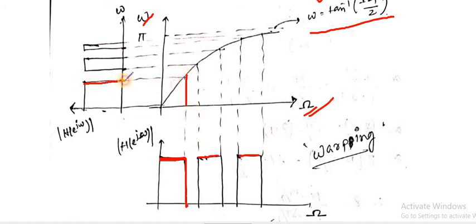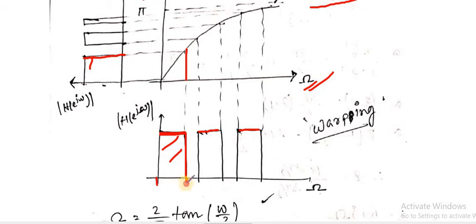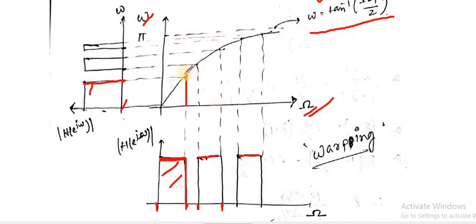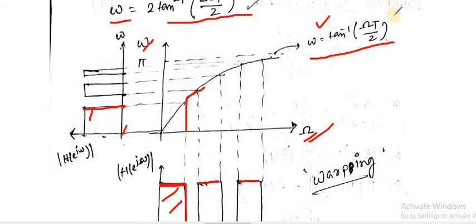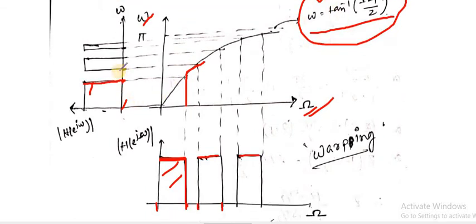So there is no problem with the first band. Okay, so this is the pass band frequency and the stop band frequency will remain the same here. Now here if I say this is the pass band and this is the stop band frequency, then since this relation is not linear, the frequency response gets changed if I use this formula.